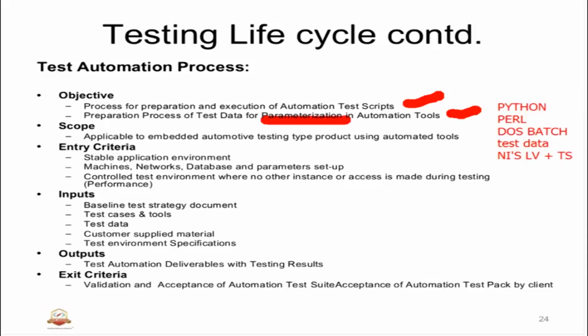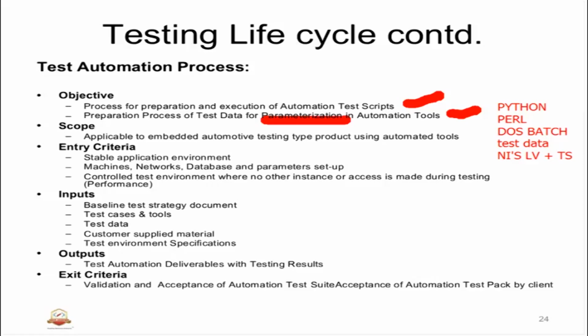That means the testing environment, whatever you are going to execute, should be stable enough to take care of all this automation. Of course, the machines, networks, database, and parameters all should be set up for taking care of the test automation. Then control the test environment where no other instances or access is made during the test. That means there is no compromise of the performance of the test.